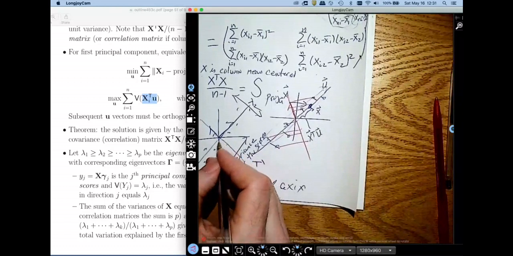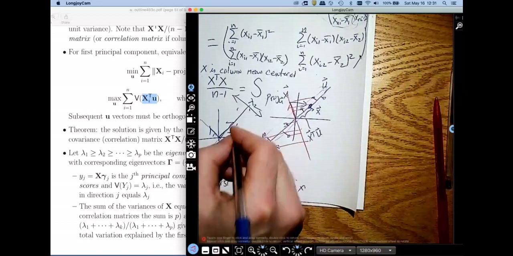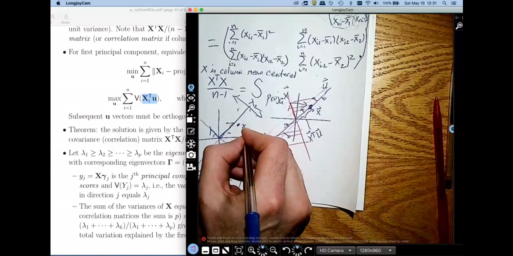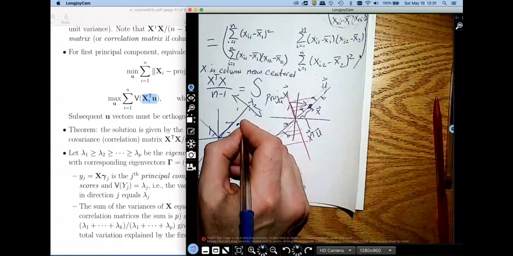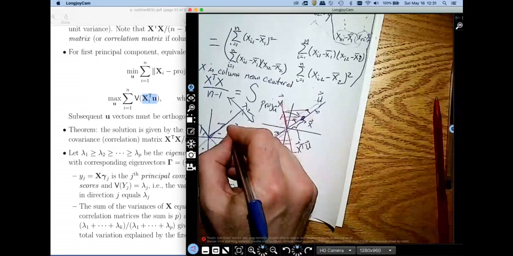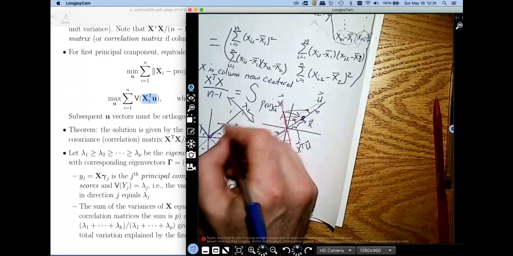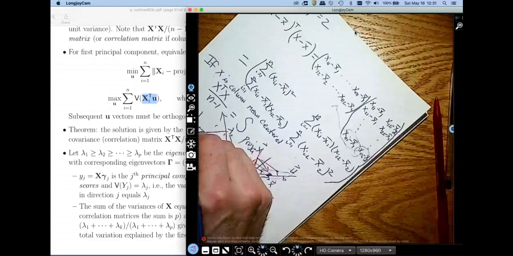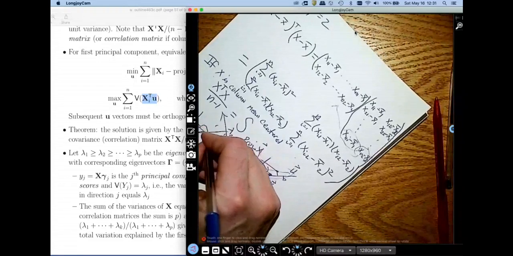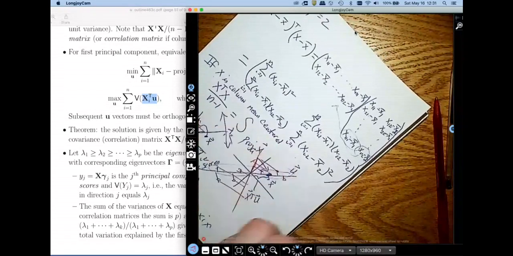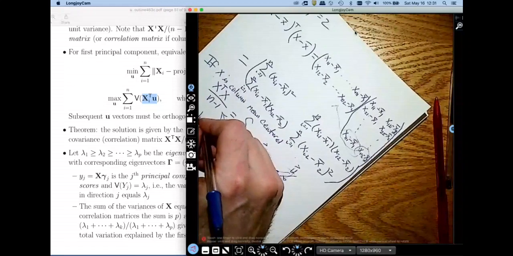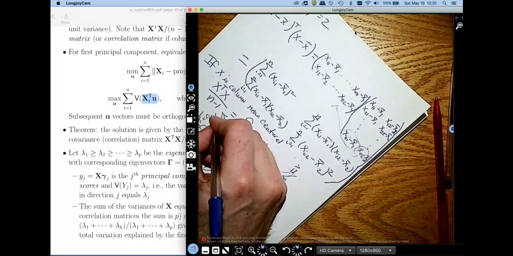There's much more variance in this direction than in that direction. So that's what these lambdas are telling us. Let me review what the principal component score is. If this is, for example, an x, then the projection of this onto my first principal axis is this first principal component, which I'm calling y1, the first PC.